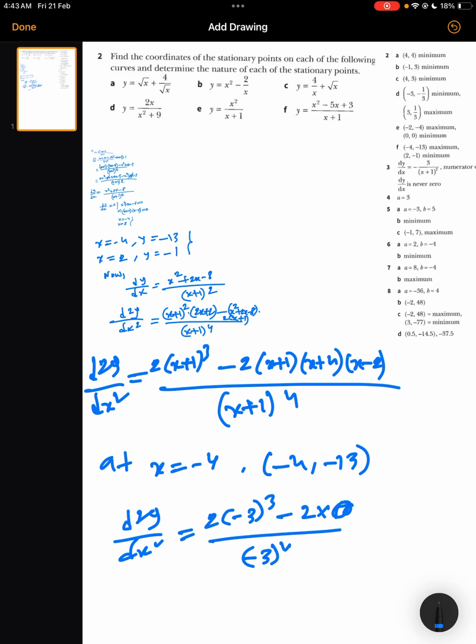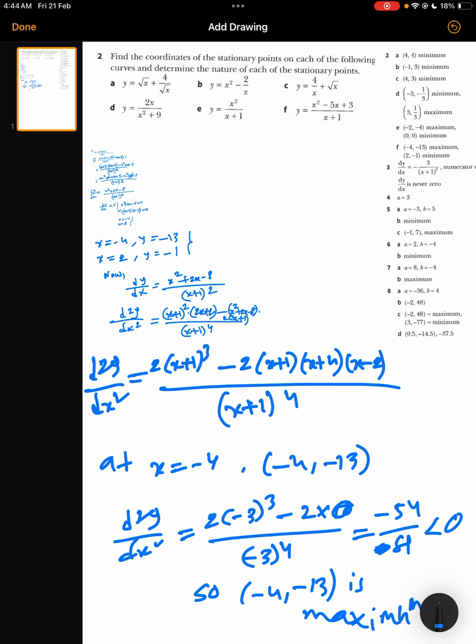Over negative 3 to the power 4, so minus 54 over 81. Oh, it's a positive 81, sorry. It means that it is less than 0. So (-4, -13) is maximum. Yeah, the answer is correct.